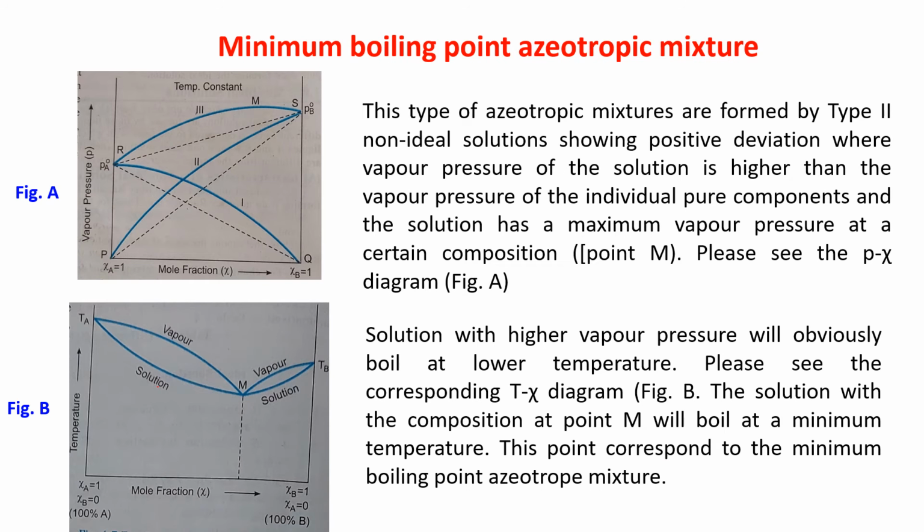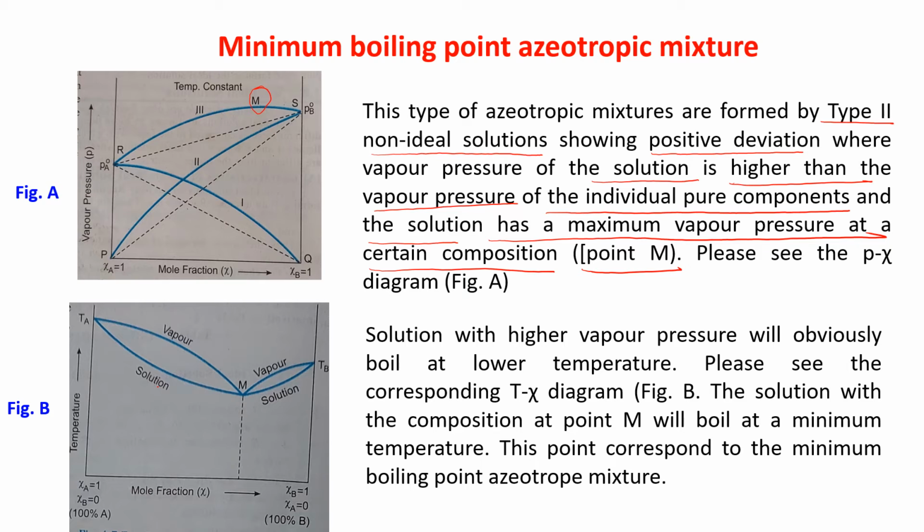Minimum boiling point azeotropic mixture. This type of azeotropic mixture is formed by type 2 non-ideal solutions showing positive deviation, where the vapor pressure of the solution is higher than the vapor pressure of the individual pure components, and the solution has a maximum vapor pressure at a certain composition. Let us consider that point as point M. This we have already discussed.